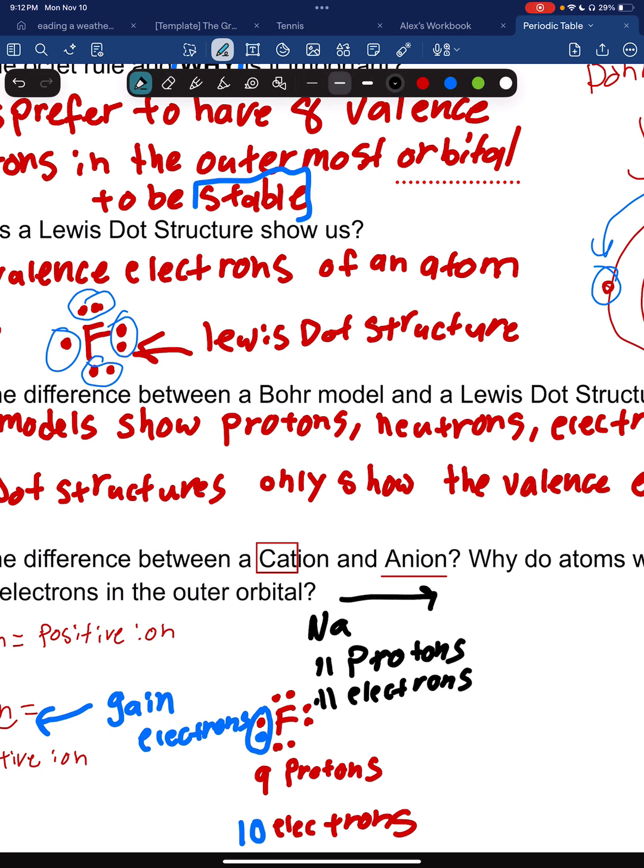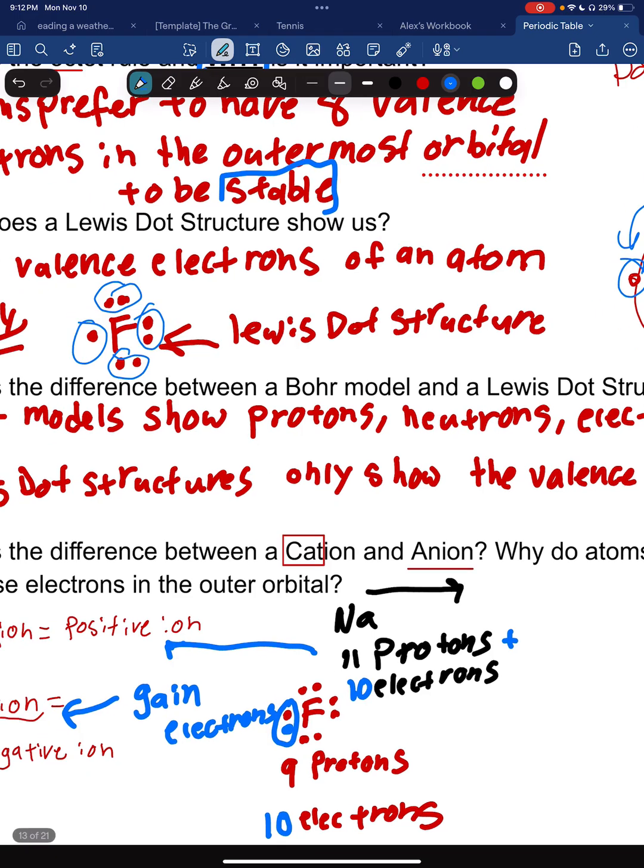That means our numbers also change. So instead of 11 electrons, we now move to 10 electrons. We lose one. If we lose one, that means now we have more protons that are positive. If we have more protons that are positive, this is now a cation. Okay, cation.